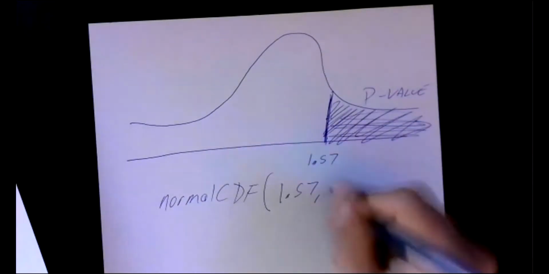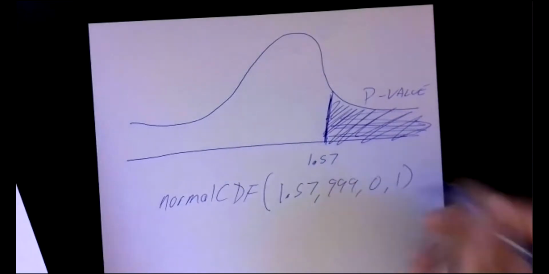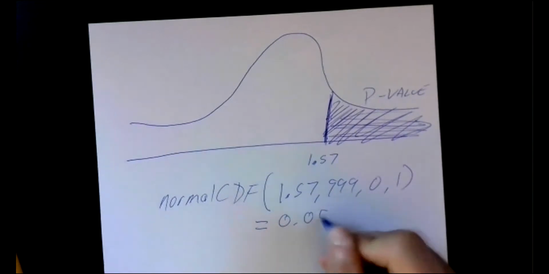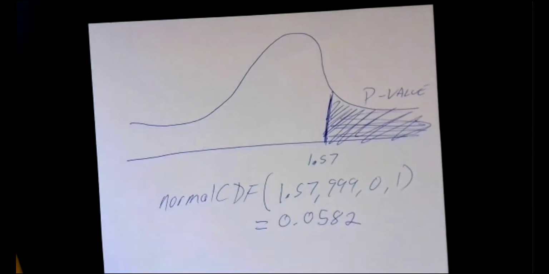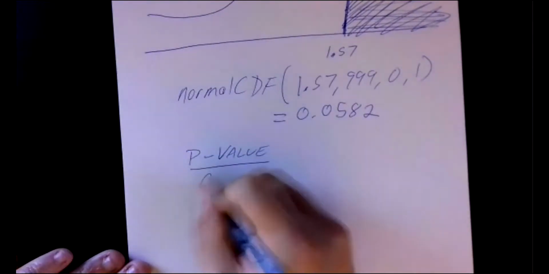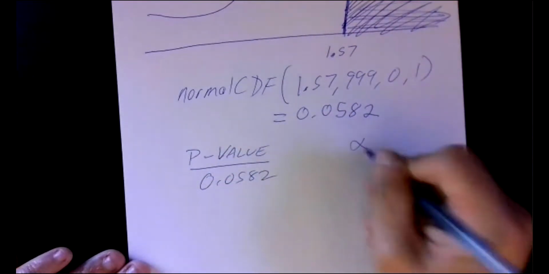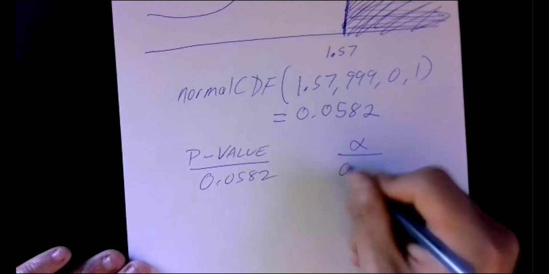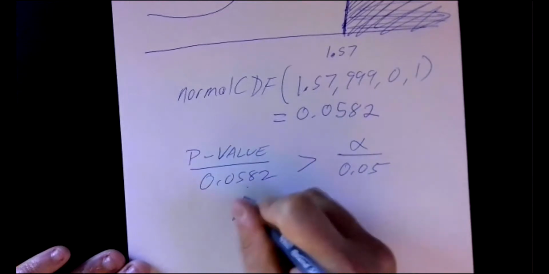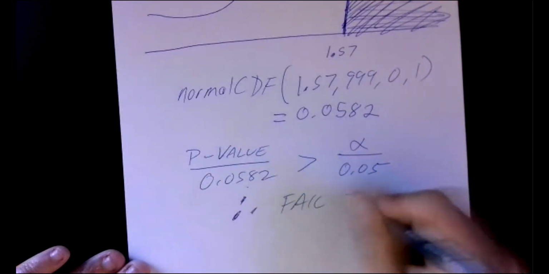The right is forever, so it's 999, 0, 1. The p-value is 0.0582. So we compare the p-value, 0.0582, to the alpha value, which was 0.05. This is greater than the alpha value. Therefore, we fail to reject.